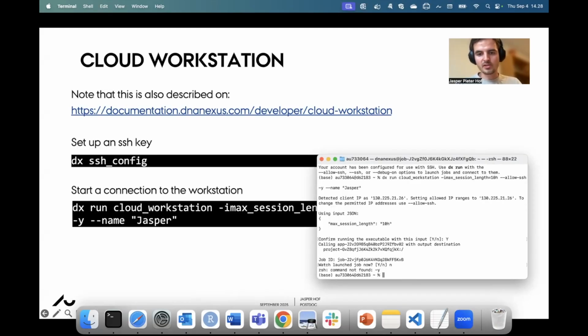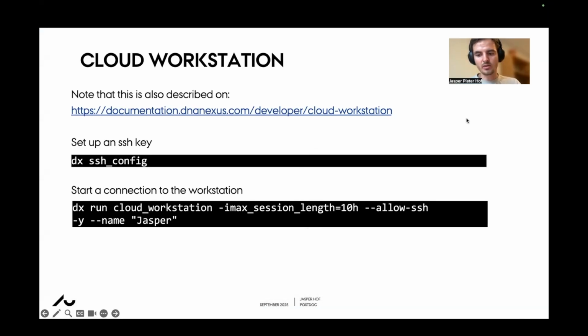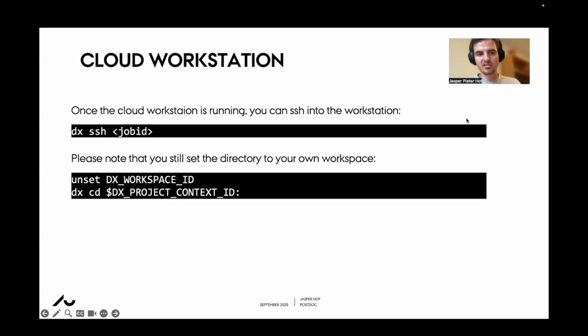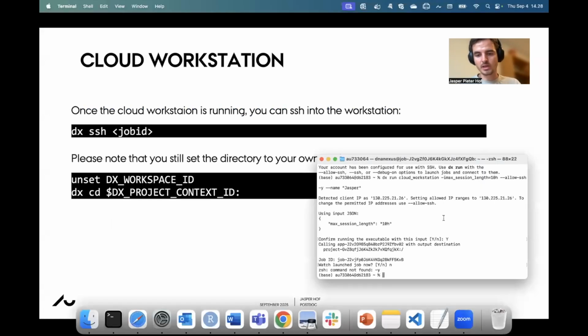And then you see that I have launched a job. This means that I'm currently setting up a cloud workstation connection using this job. What I can do now is SSH into this job ID, which means that I'll SSH into the cloud workstation.